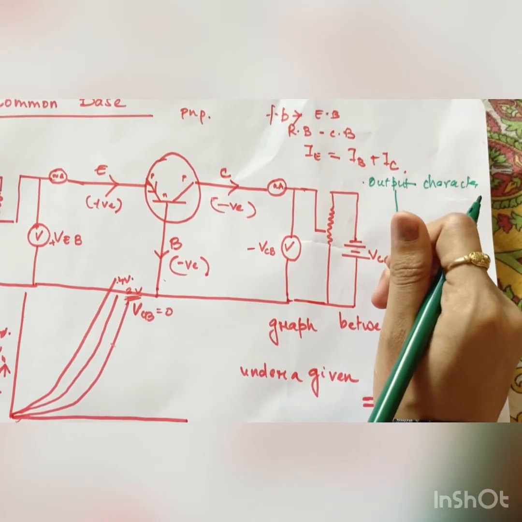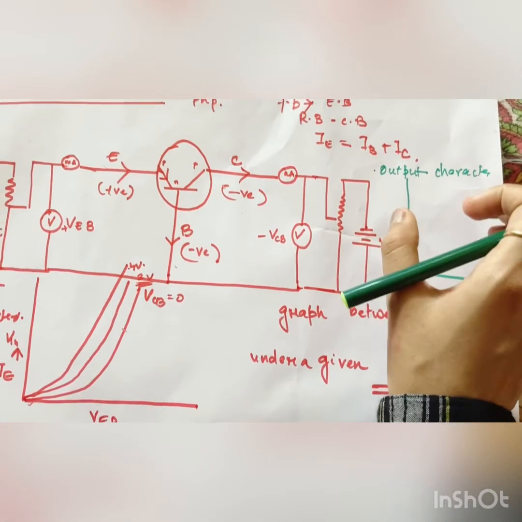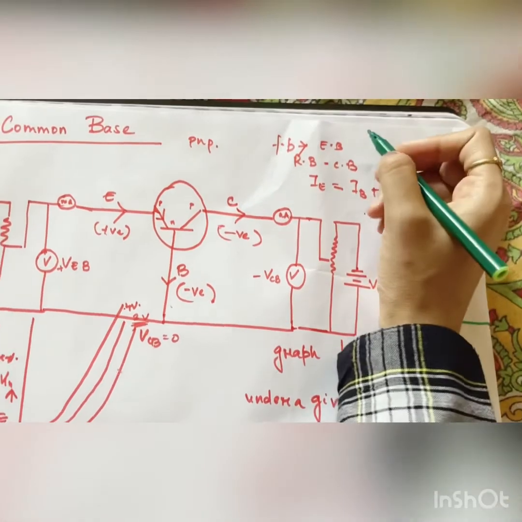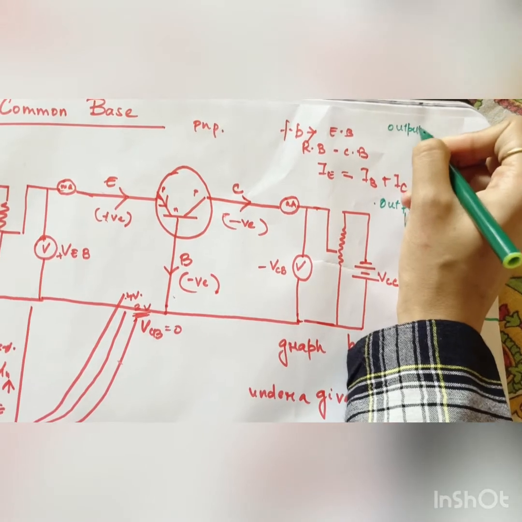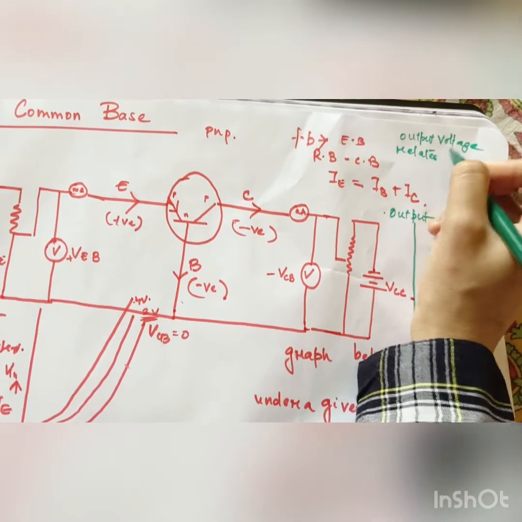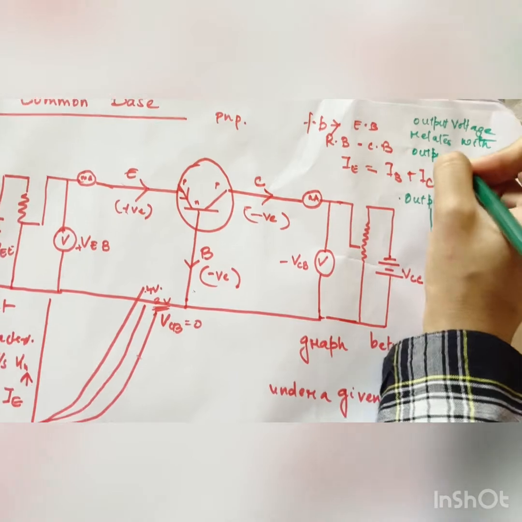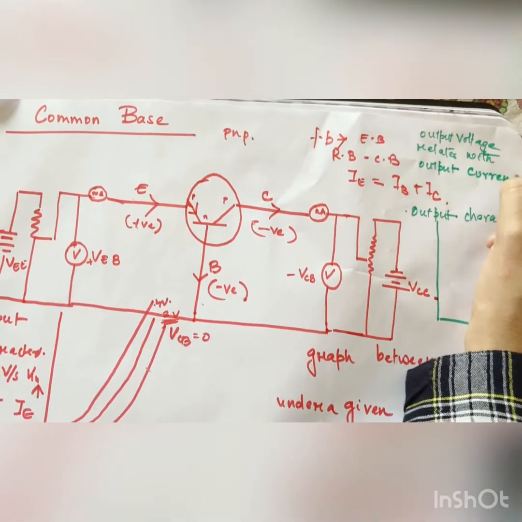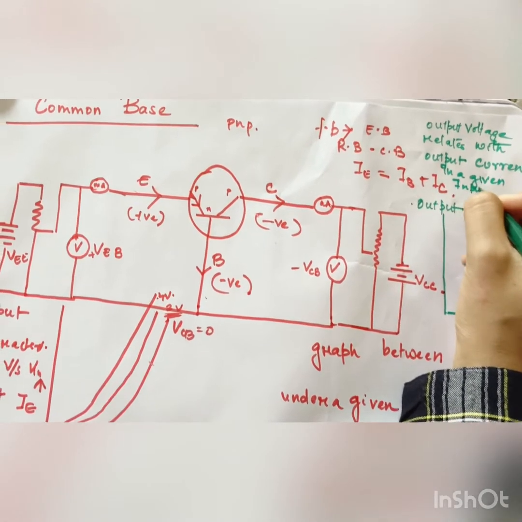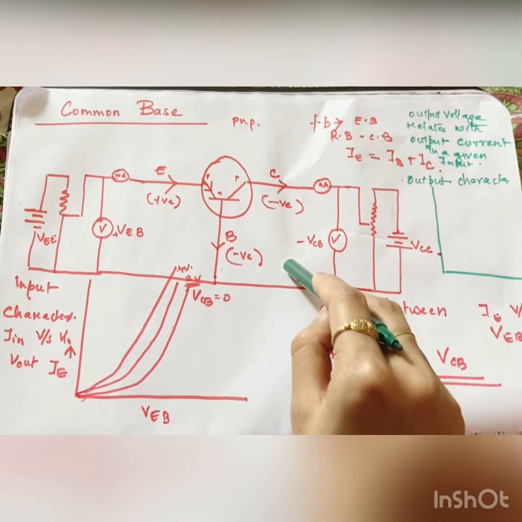In output characteristics, the output voltage relates with the output current in a given input current. Okay, input current.